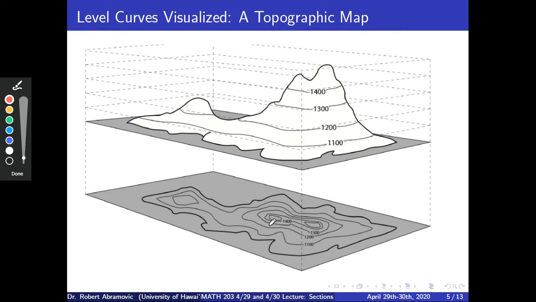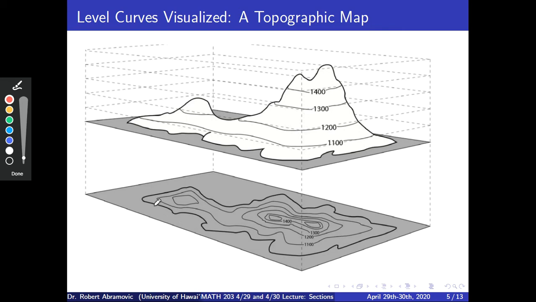So all the places on this contour line that corresponds to 1100 are, say, 1100 feet above sea level. And if we go up here, you can see it's this curve here on this surface. This topographic map can be used to reconstruct this three-dimensional hilly region.